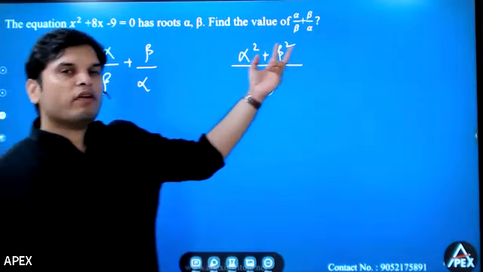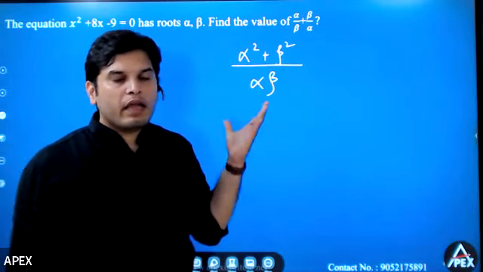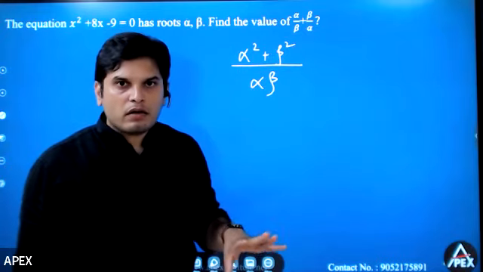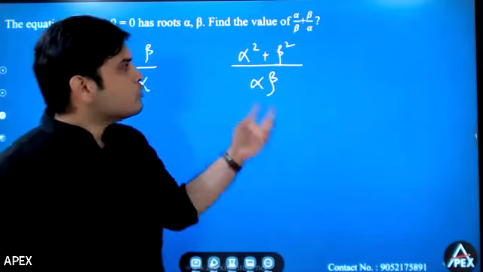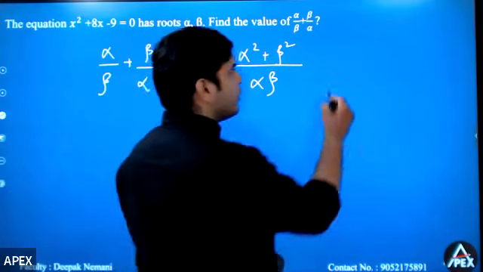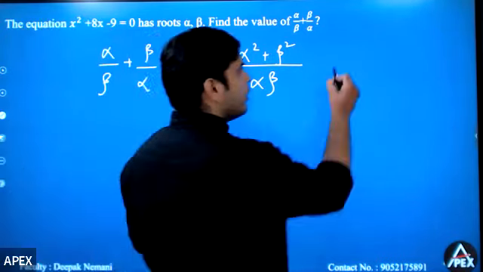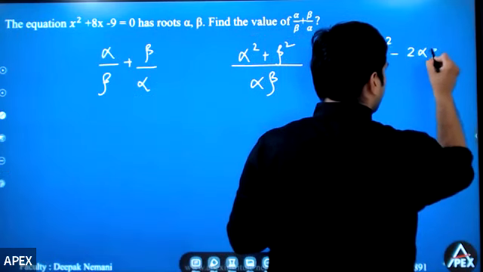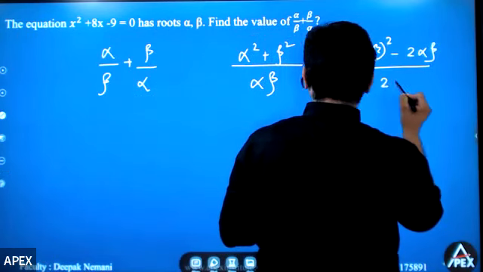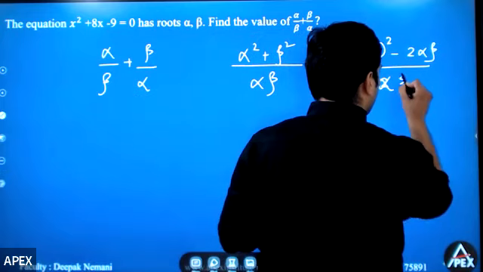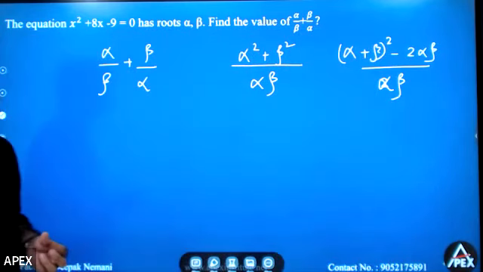Now a square plus b square can be written as (a plus b) whole square minus 2ab. So alpha square plus beta square can be written as (alpha plus beta) whole square minus 2 alpha beta, by alpha beta.